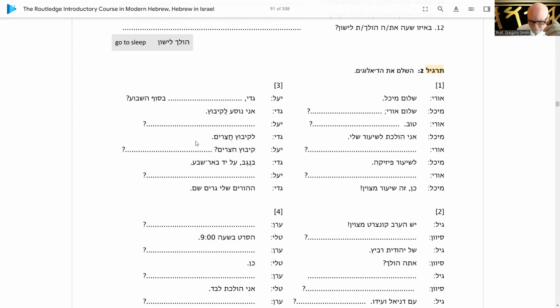Kibbutz hatzarim is really kibbutz. Okay, so it's going to be to which, and we've got to figure out, I think it's probably going to be Laisse.